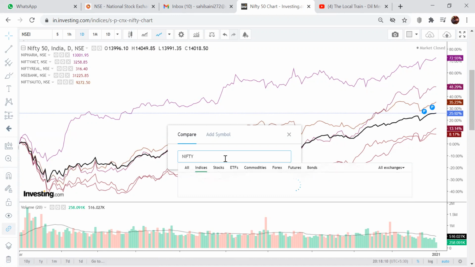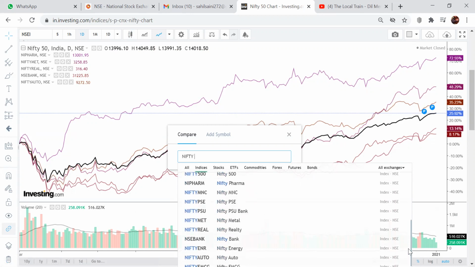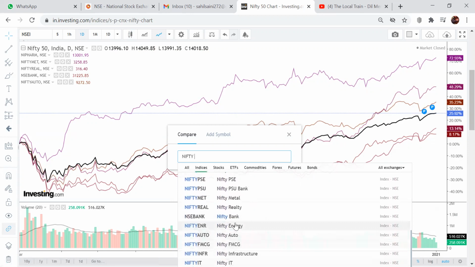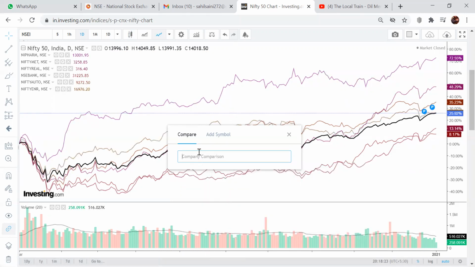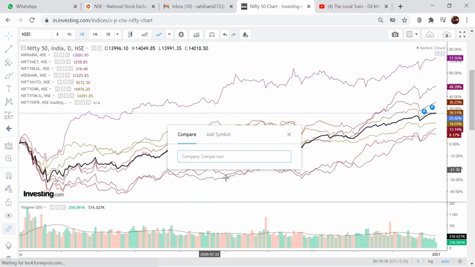Let's check out pharma, metal, realty, bank, energy, FMCG, and infra, this is infrastructure.